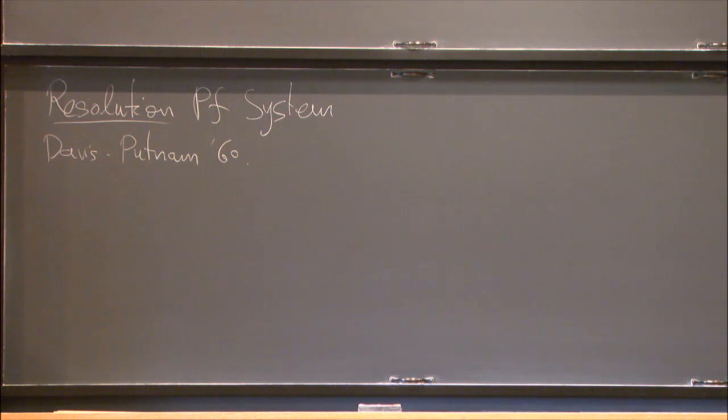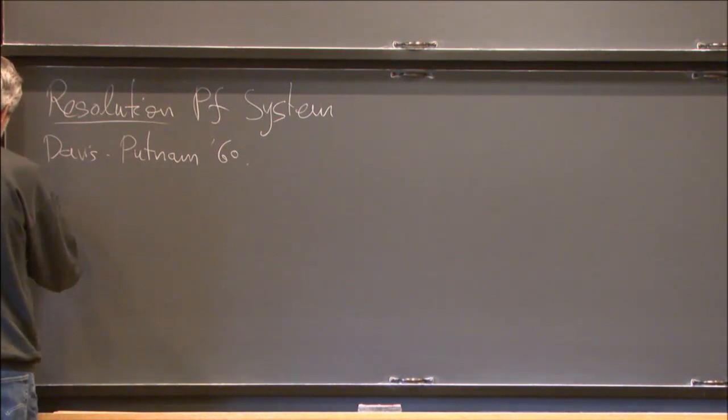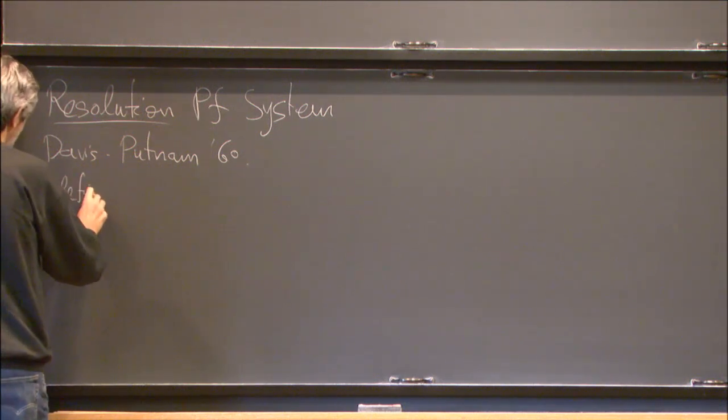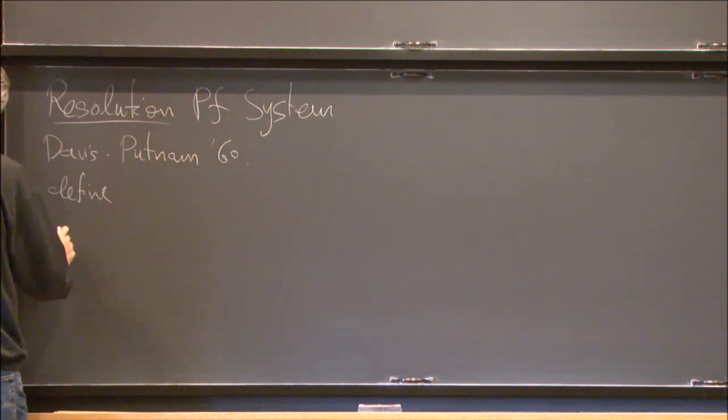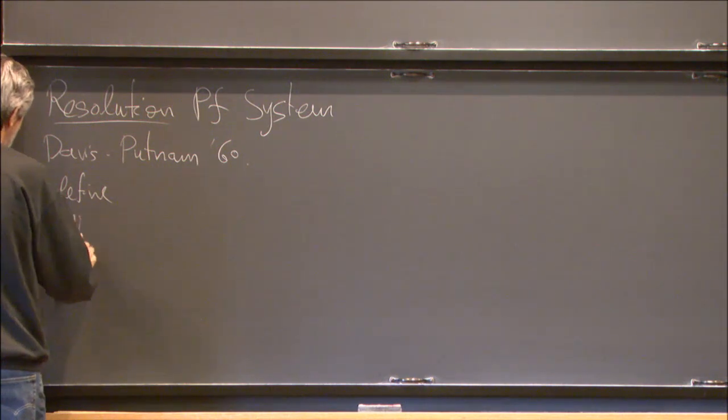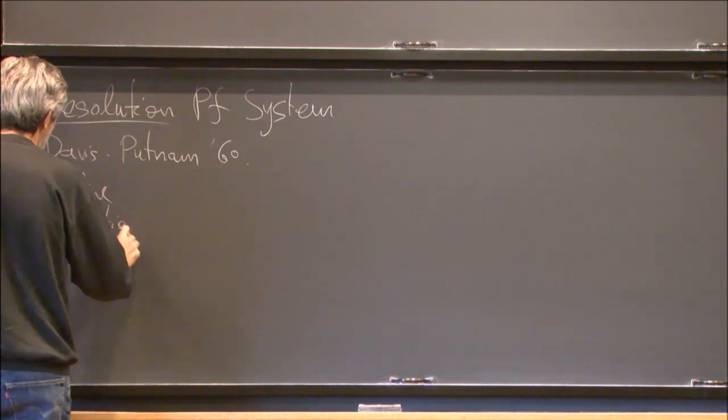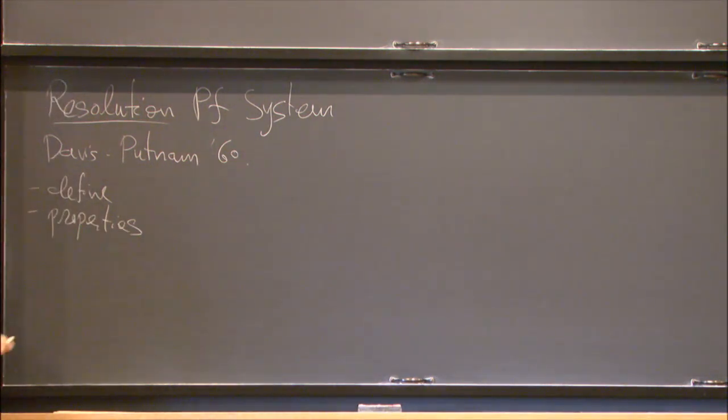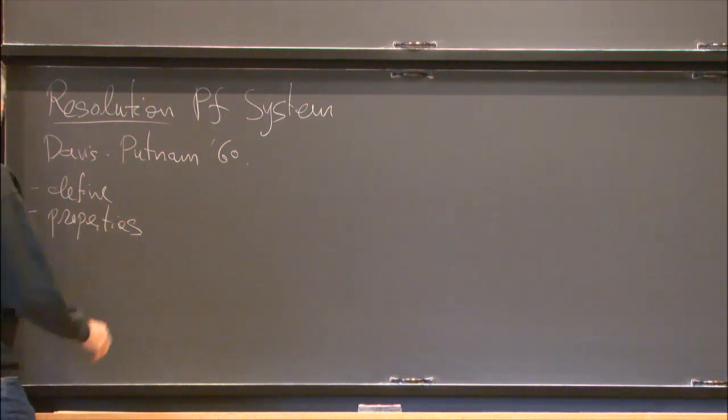So I'll remind you of some things I said last time about general proof systems, because I want to talk about some properties of resolution, so I'll define it. And I want to talk about properties of this proof system, and I'll put it in the context of general proof systems.